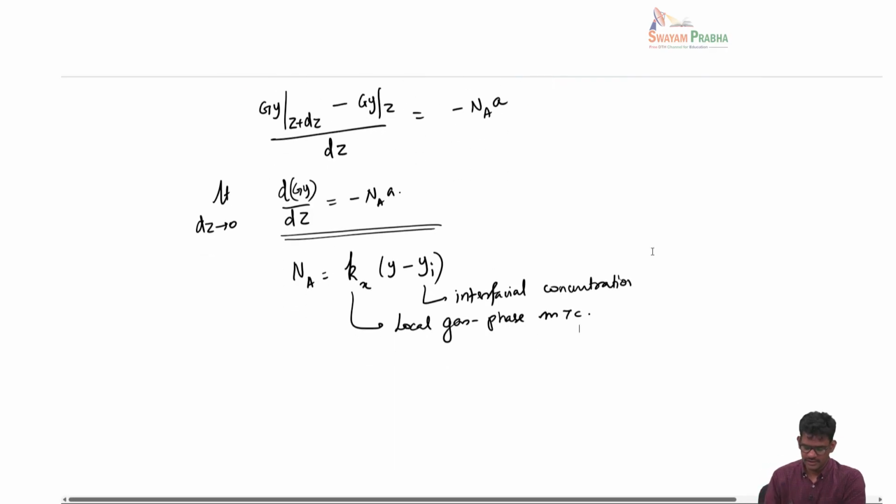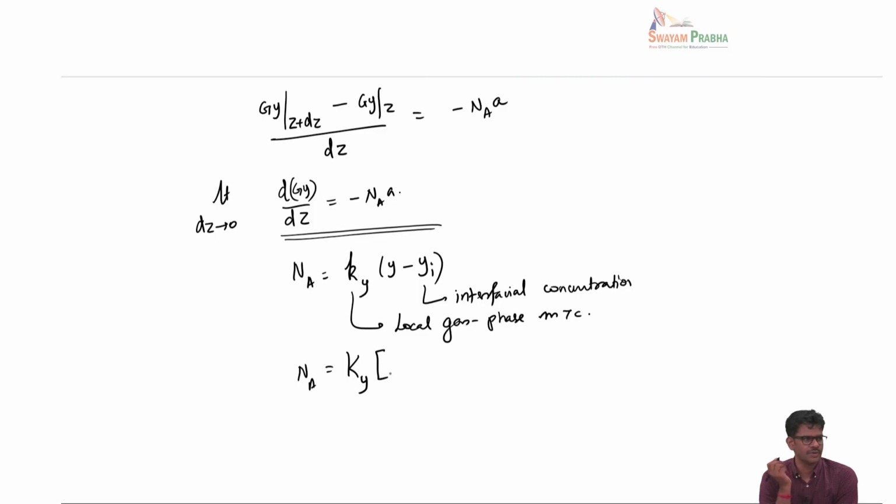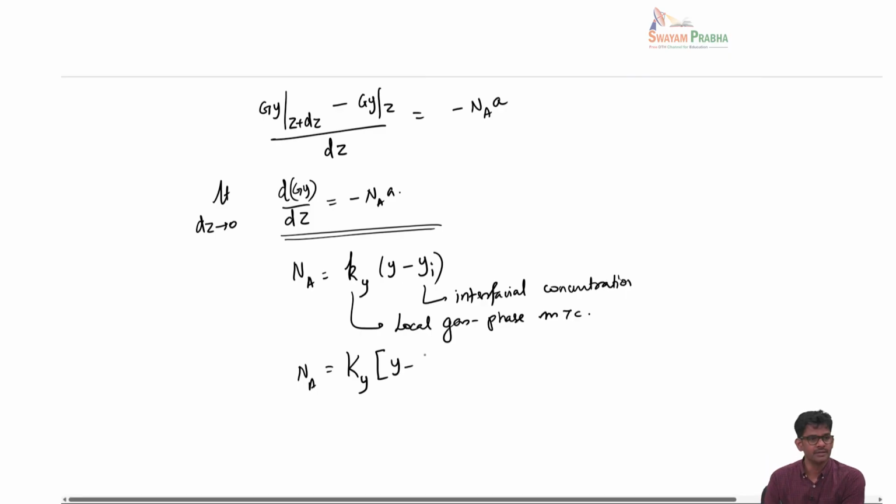And we already saw that we can replace it with an overall coefficient capital K. Sorry, this should be K; I thought somebody would point this out. So it will be Ky. Now I am going to use the overall coefficient, and what should be the driving force? What is the driving force for the overall mass transfer coefficient? Y minus Y star, right?